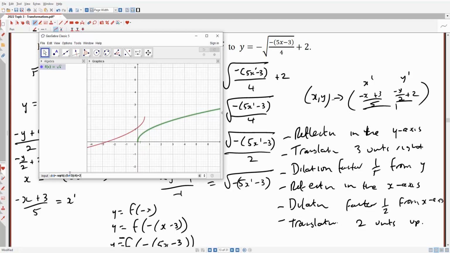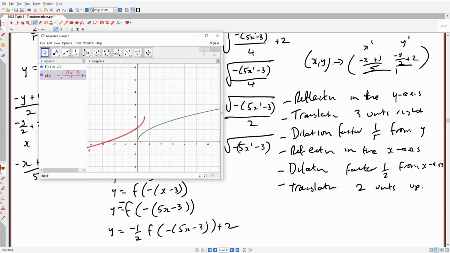Did I get that right? Let's see. Negative 5x take 3 over 4 plus 2. Alright, looks good to me.